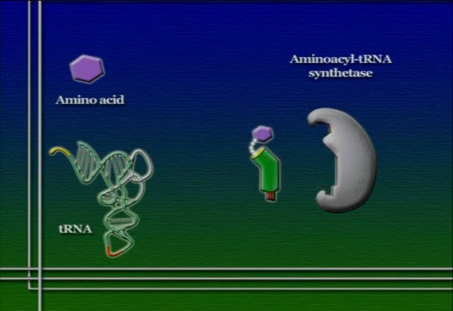So we've solved the problem, with the translator molecule being a tRNA and the correct connection with the amino acid being facilitated by this unique enzyme, tRNA synthetase. We've solved the problem of connecting the language of amino acids to the language of nucleic acids.